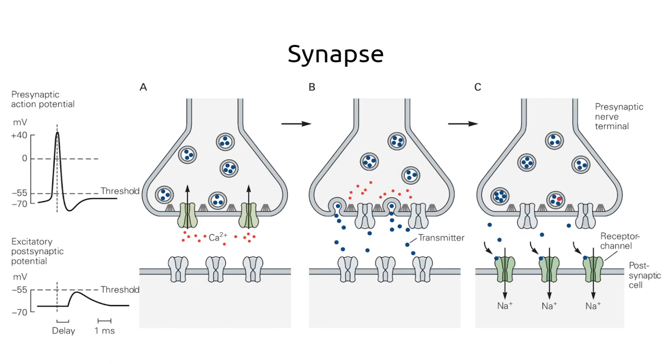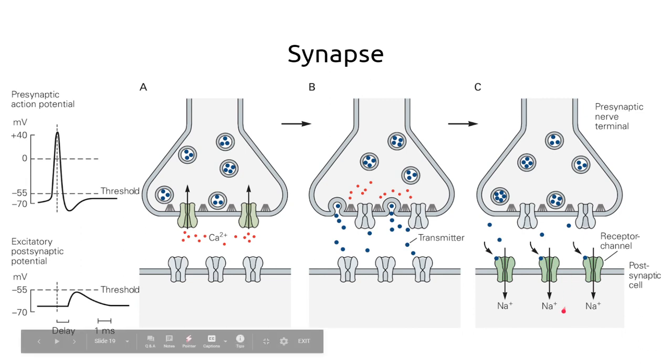So there's that probability of vesicle release. That's an important measure. There's also the question of how long this neurotransmitter is going to stick around, because there are other mechanisms that reabsorb it, or it just flows out of the space anyway. If it sticks around for a longer time, it's going to have more influence on the next neuron.